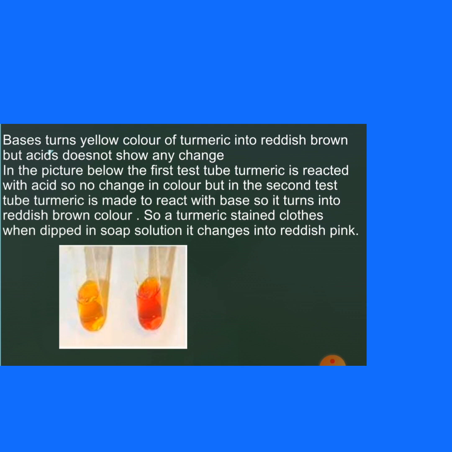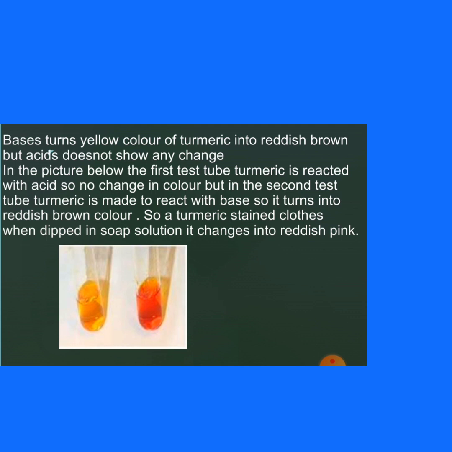In the first case, with the acid, turmeric does not show any change in color, but in the second case, the base changes the turmeric into reddish brown in color. That is why children, whenever any turmeric liquid or your curry falls on your clothes, and when your mom washes with the soap being a base, it changes into reddish brown.